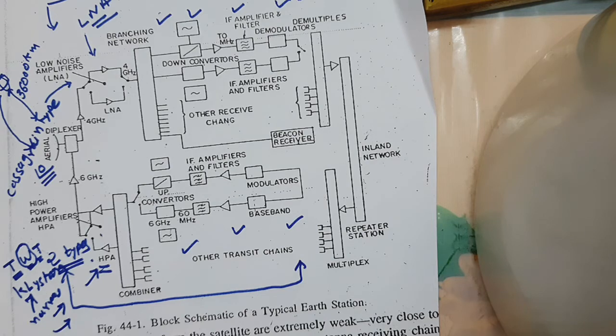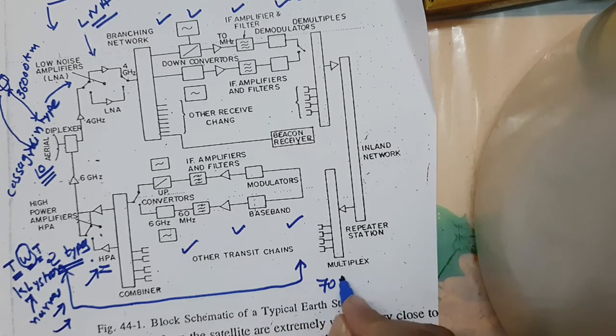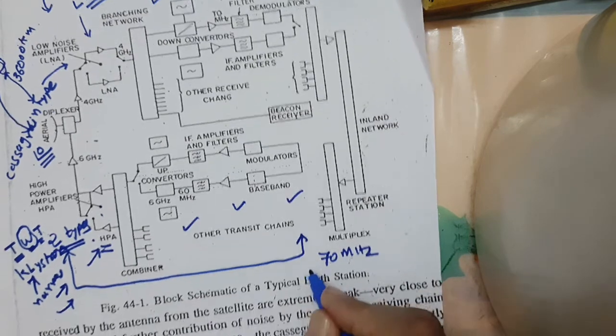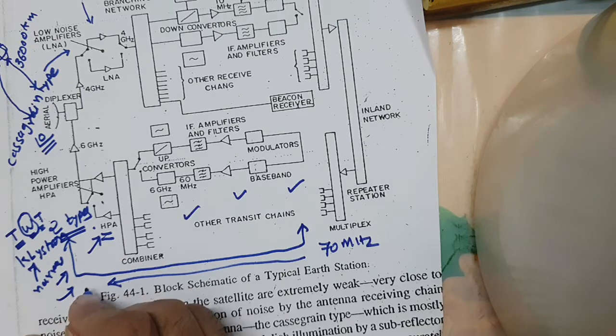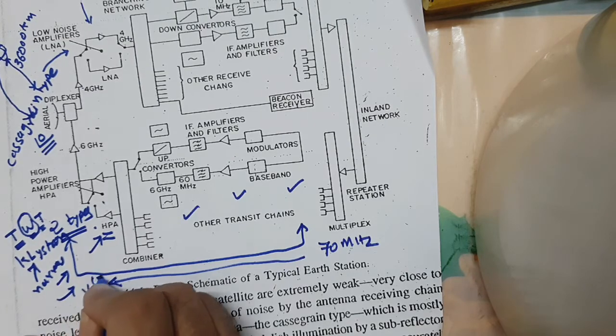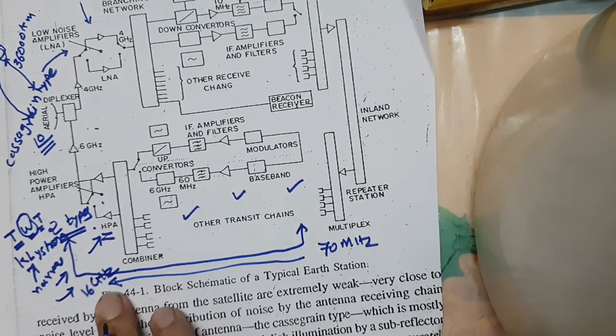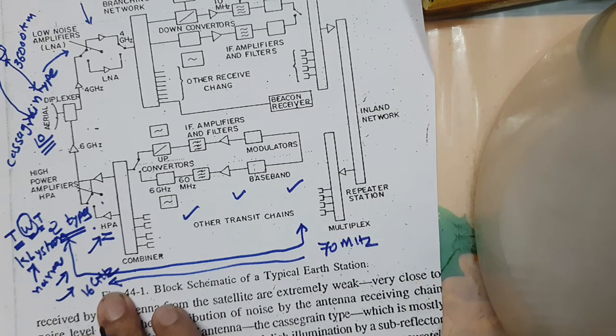This ground communication equipment consists of an up-down converter, IF modulator, and demodulator, which transfer the signal from the 70 megahertz range to 6 gigahertz. That means from 70 megahertz to 6 gigahertz, increasing the level of frequency, and through the HPA, increasing the level of power.